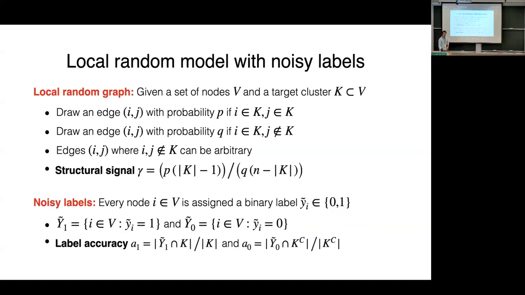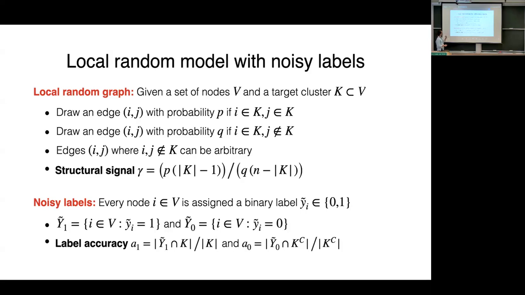For that, we use this local random model, which is comprised of a one-sided stochastic block model, in which we have a set of seed nodes, and we also have this target cluster K. To construct this graph, we propose the following. For two nodes I and J, in which I belongs to the target cluster and J belongs to the target cluster, we draw an edge with probability P.